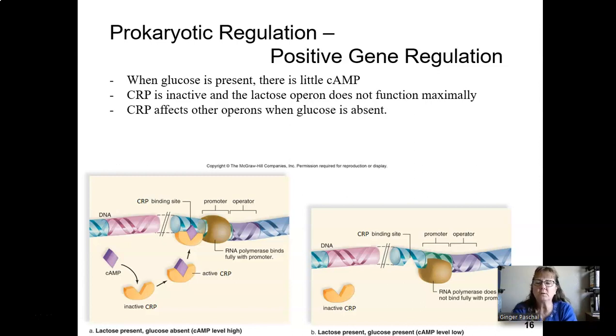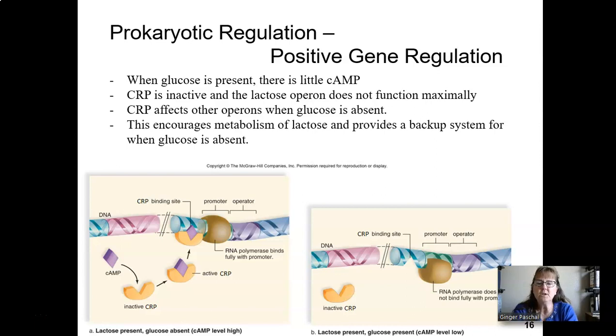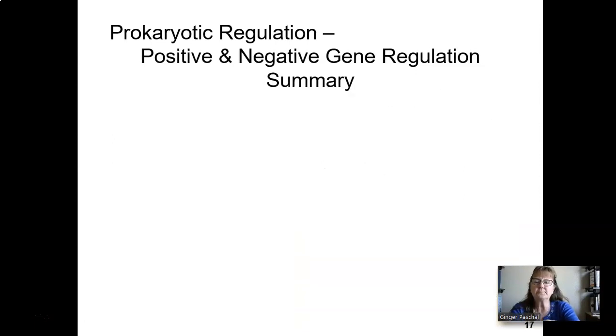CRP affects other operons when glucose is absent. So this encourages metabolism of lactose. The presence of cyclic AMP and activated CRP will actually increase transcription. And it provides a backup system when glucose is absent, so that these organisms can get that lactose pulled apart to get at the glucose.